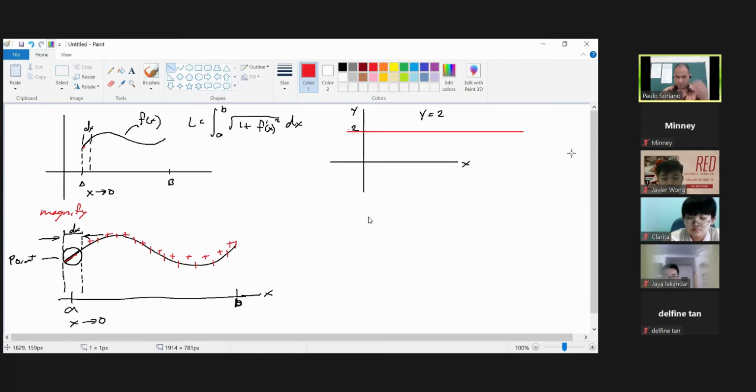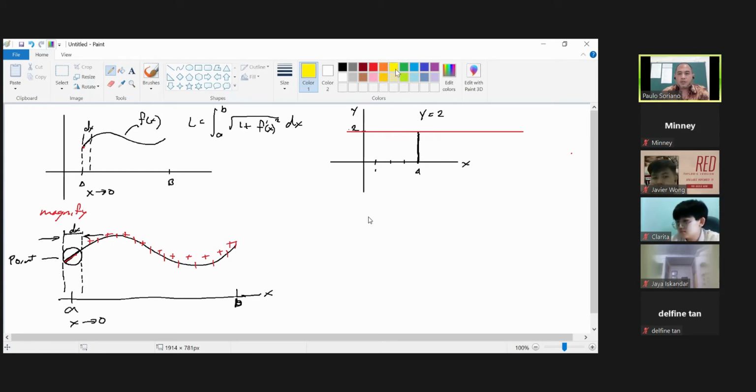Correct? Now, if I do this, that is 4, and I'm going to draw a line at 4. Let's just use a straight line.